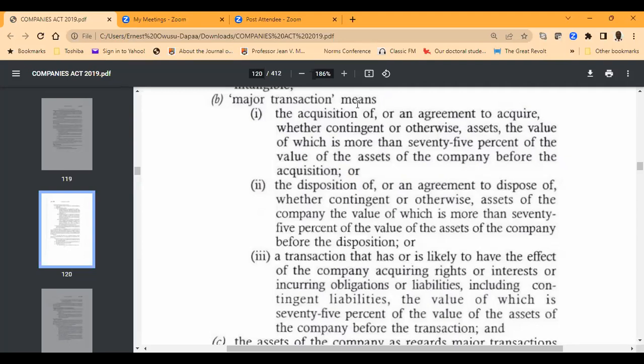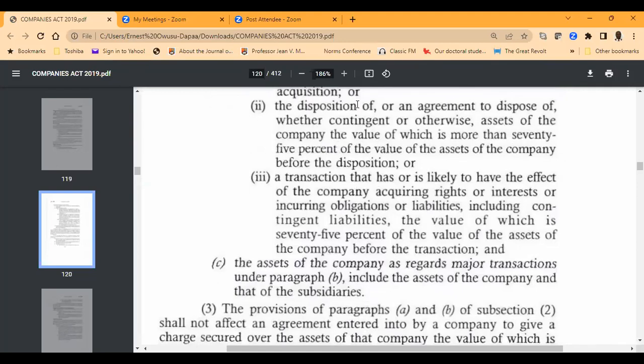Or (iii), a transaction that was likely to have the effect of the company acquiring rights or interests or incurring obligations or liabilities, including contingent liabilities, the value of which is 75% of the value of the assets of the company before the transaction. So the third scenario is looking at various permutations of the two earlier scenarios, right?